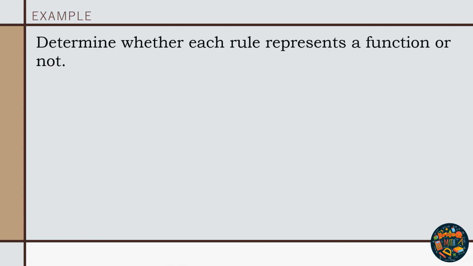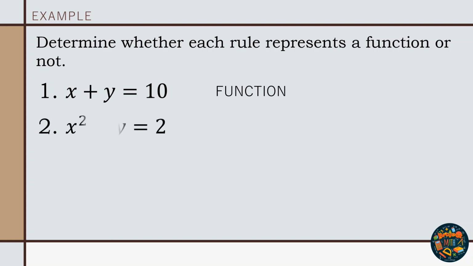Example, determine whether each rule represents a function or not. Number 1, x plus y is equal to 10. The answer is a function. That's correct. Number 2, x squared plus y is equal to 2. The answer is a function.